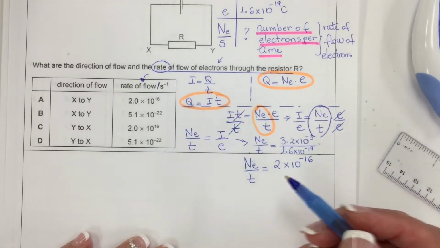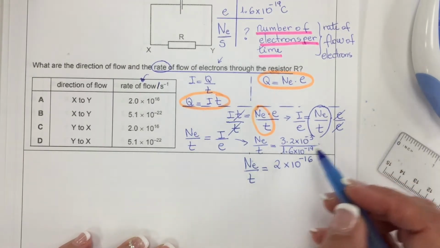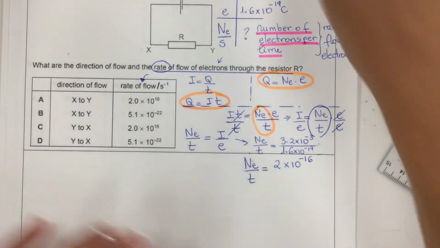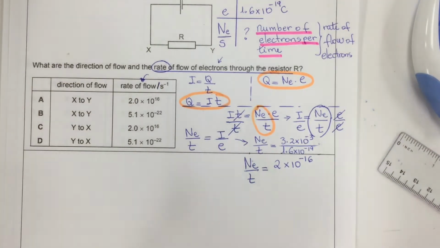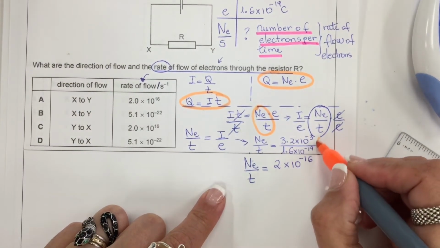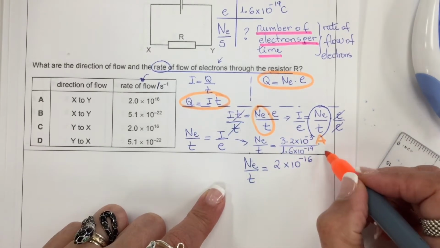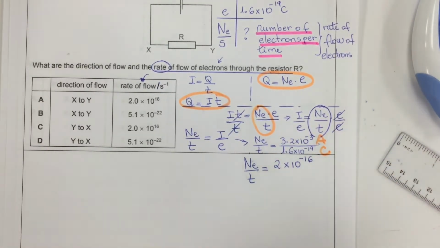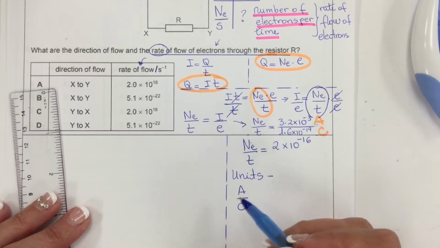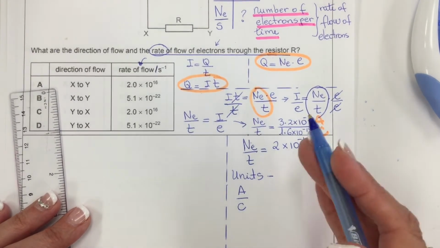Very simple. Remember, the unit for current here is amps. The unit for charge is coulomb. So let's take a look at the units separately.